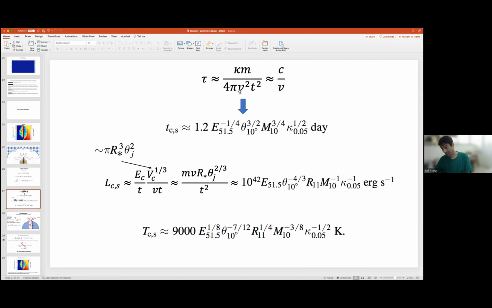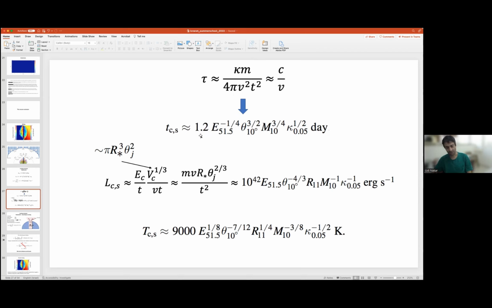The radius is V times T because all this material is expanding with roughly constant velocity. So we can find the time where the radiation escapes. This is roughly 1 day. So we expect the energy deposited in the outer cocoon to radiate on a time scale of a day.